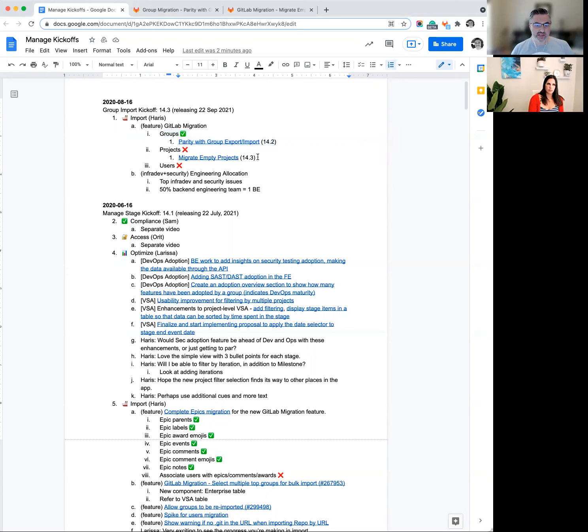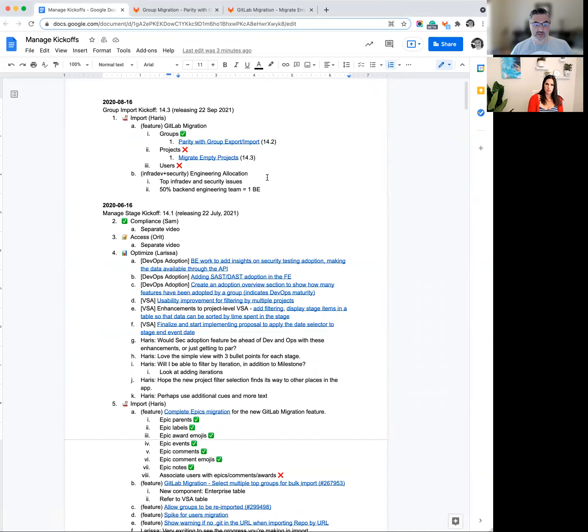And the very first MVC we're going to try and deliver in 14.3 is just delivering a project without any of the relationships that it has. So the fact that there's a project plus all the attributes that normally come across is included in here, but nothing else. So that is the only issue that we're delivering that is related to our direction.